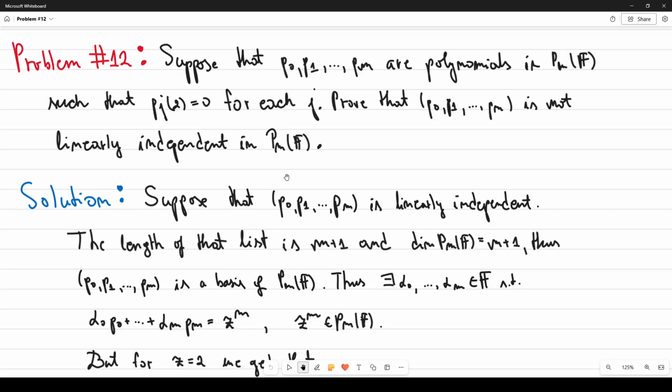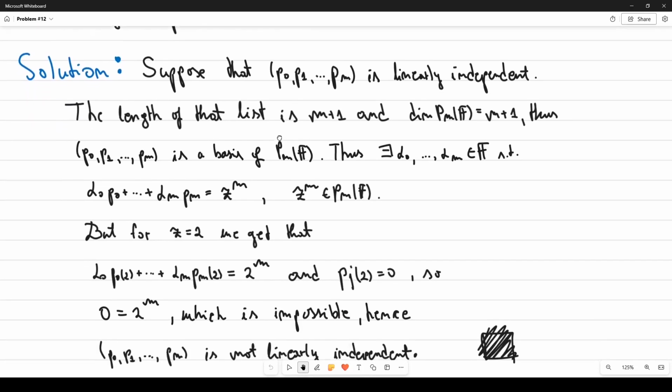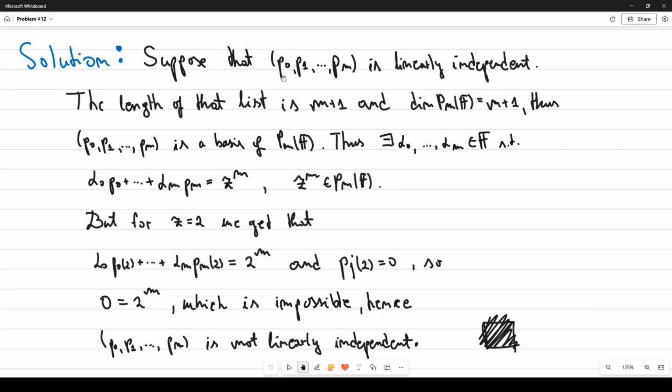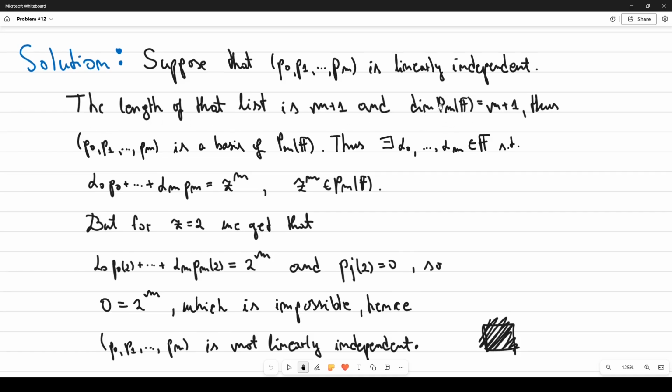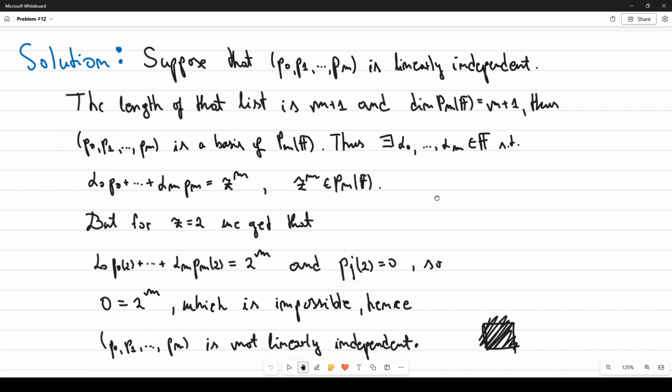So suppose that this list is linearly independent. The length of that list is m plus 1, and the dimension of Pm of F is also equal to m plus 1. Thus, this list of polynomials is a basis of our space.